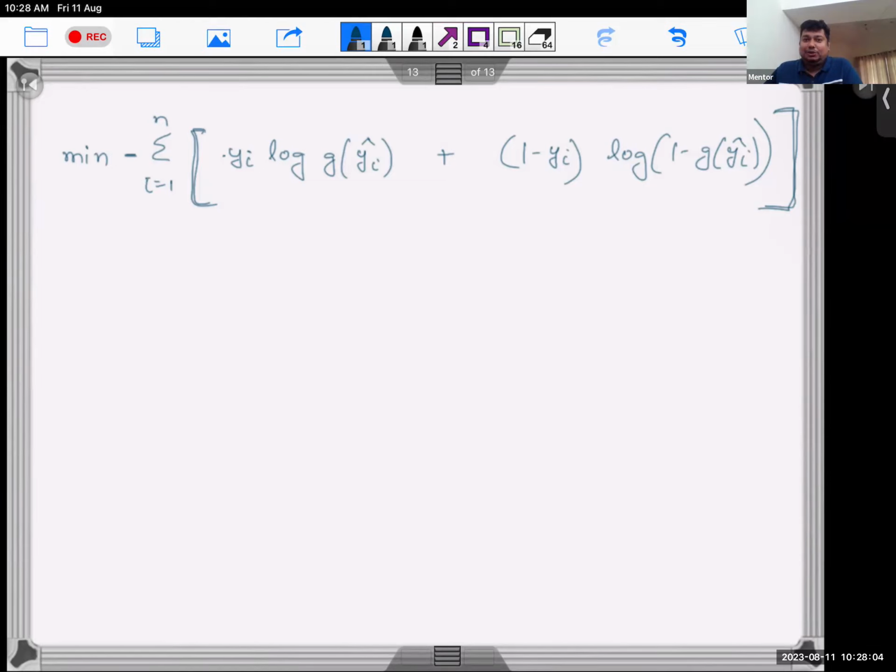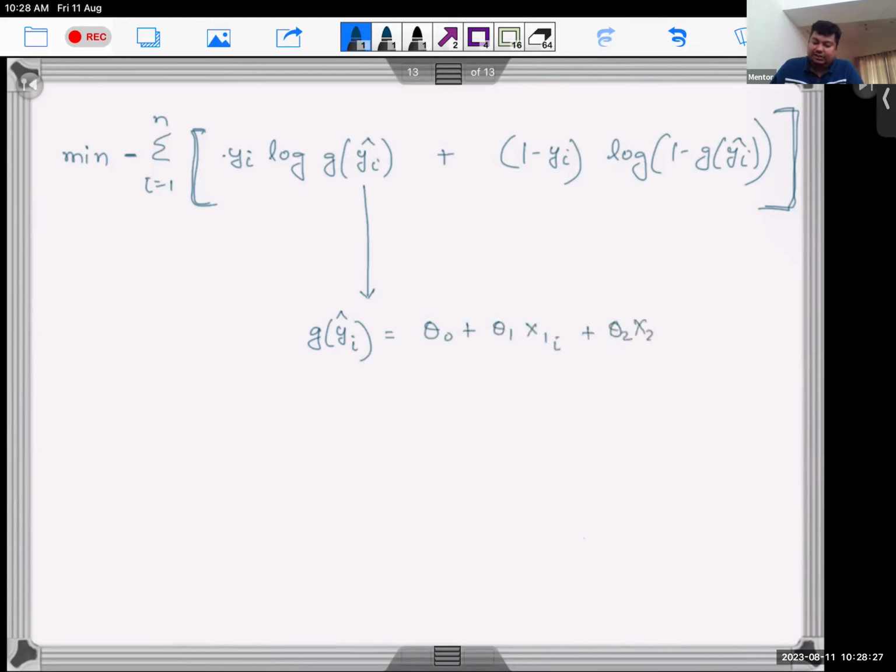So what is it that I should do? I should minimize it or maximize it? It's a loss function. Minimize the loss function. What are the parameters? Yes, people, what are the parameters? Thetas.